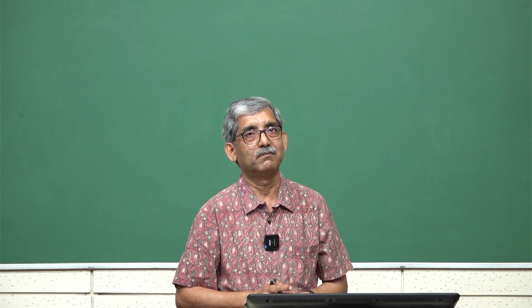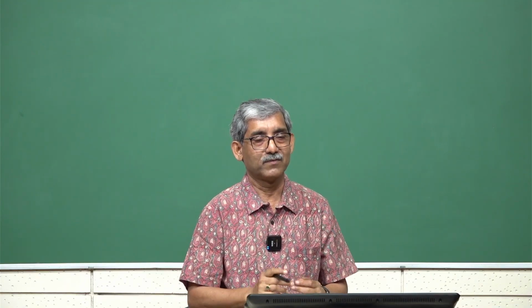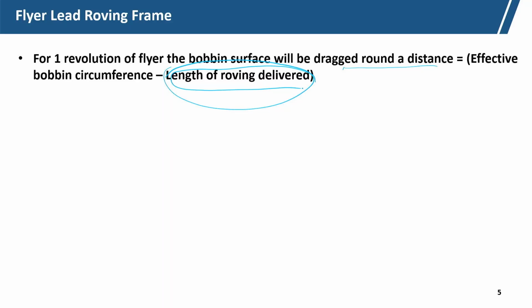Okay. But as there is a delivery rate, it has a certain value, which means the bobbin will effectively start lagging. So, for one flare revolution, the bobbin surface will be dragged around less distance than the effective bobbin circumference, by the length of bobbin roving delivered.